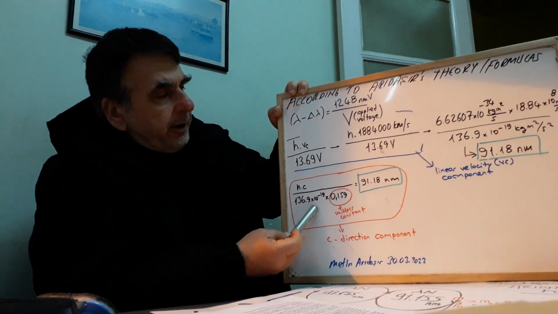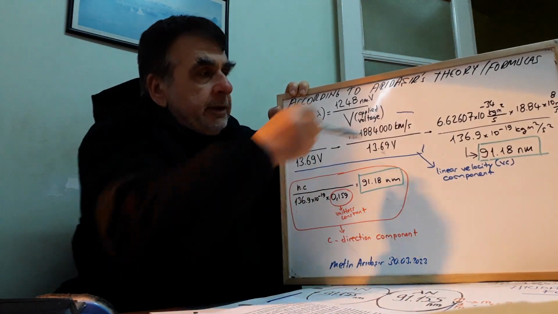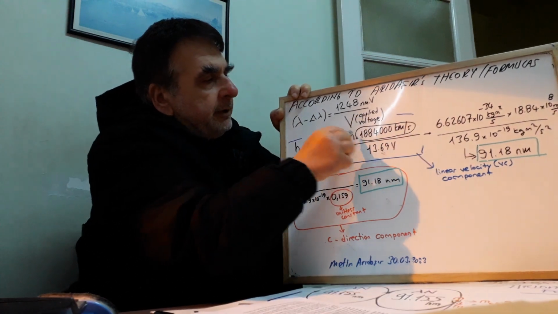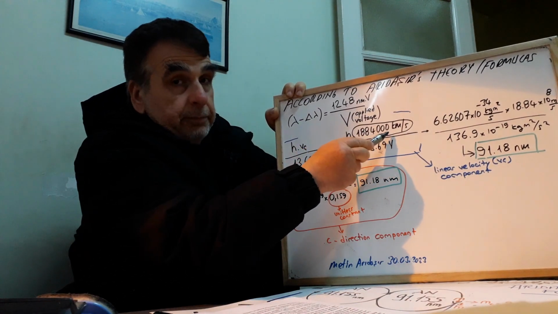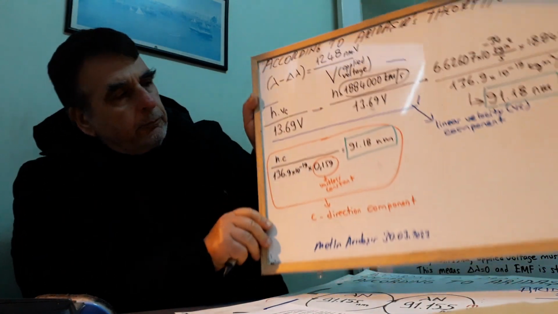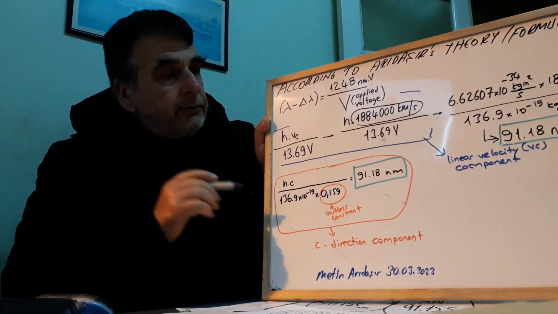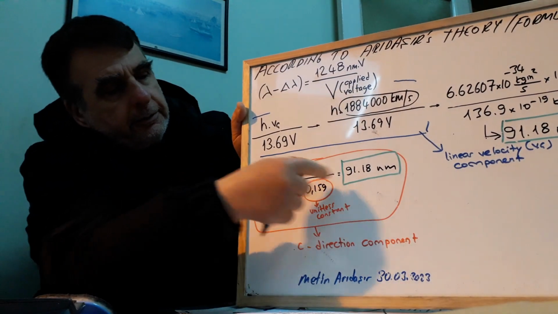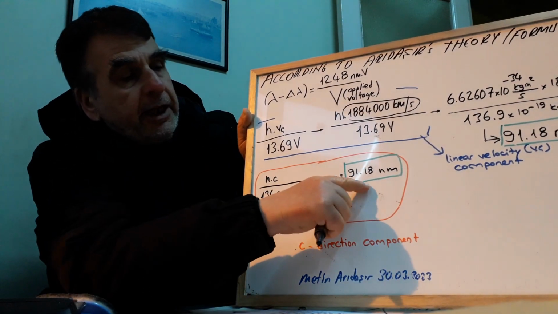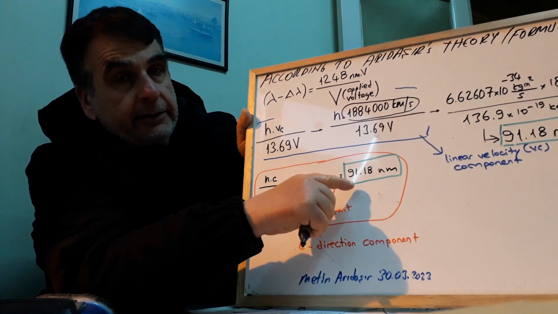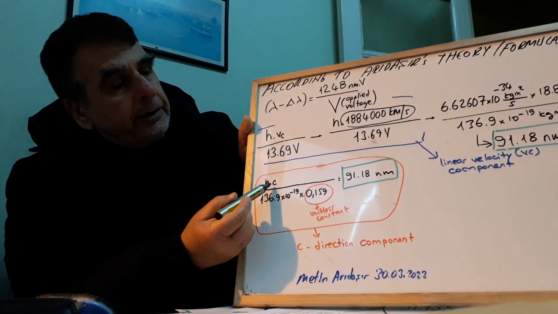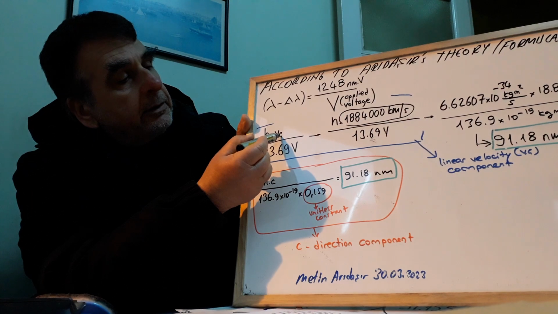Yes, here, this one, linear velocity component. Because of 1,884,000 kilometers per second. Now, here we divide C direction component 1. Here, C direction component formula 2, same wavelength. It will indicate the same wavelength. How? H multiplied by not Vg.